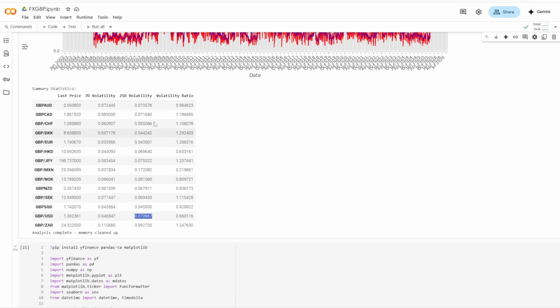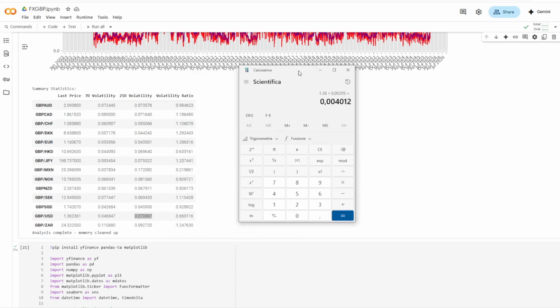And I know then the 1 month volatility is 0.07.